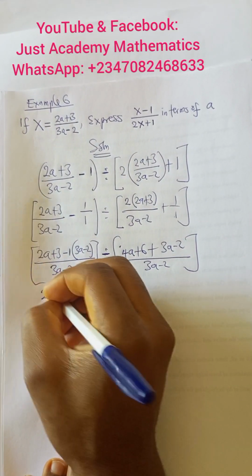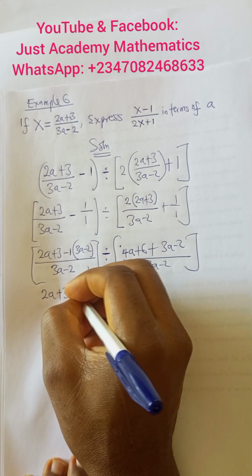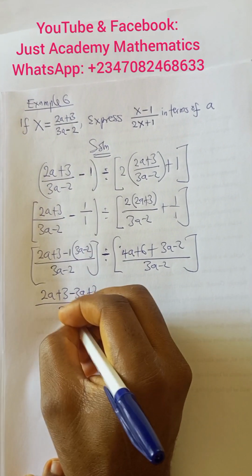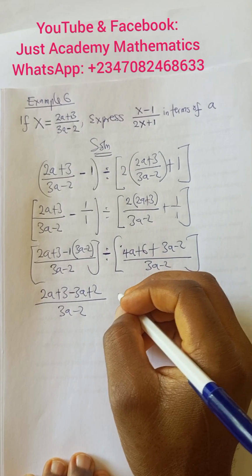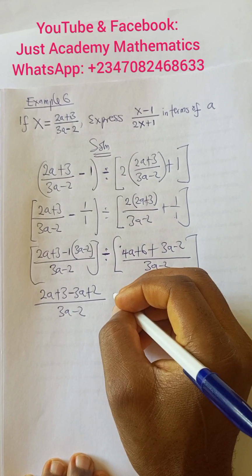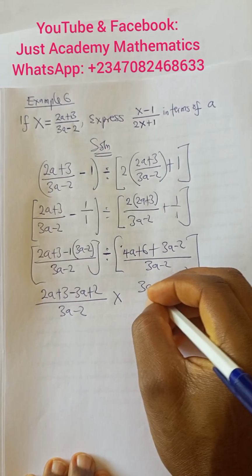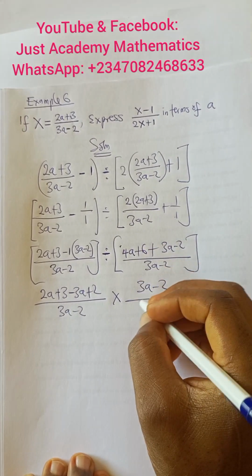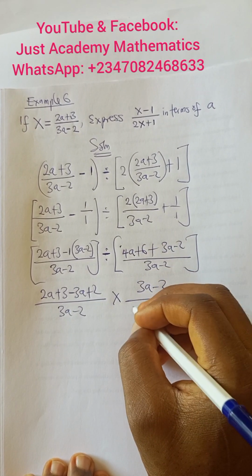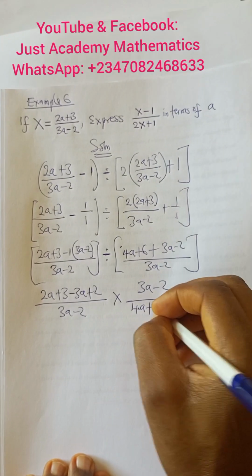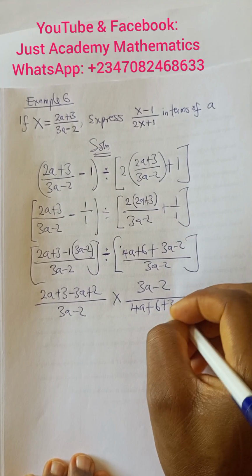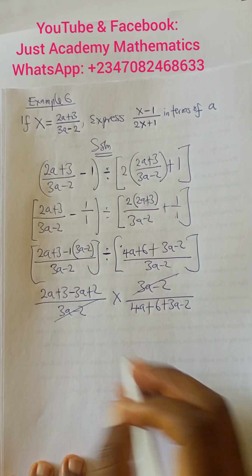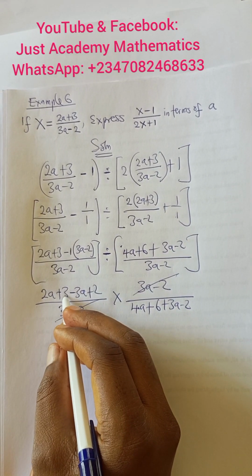So this is 2a plus 3 minus 3a plus 2 over 3a minus 2. We can as well put times here first and put 3a minus 2 over. Maybe we'll just repeat that again. 4a plus 6 plus 3a minus 2. So this will go with this out.